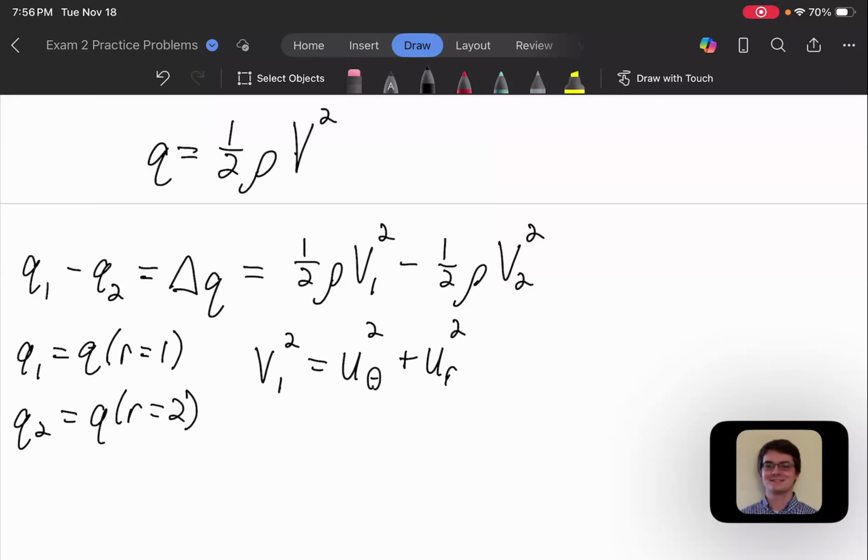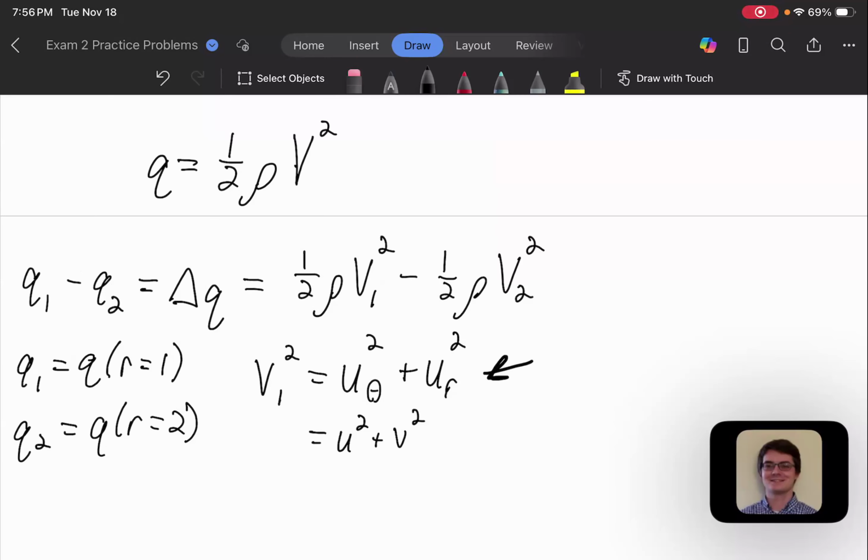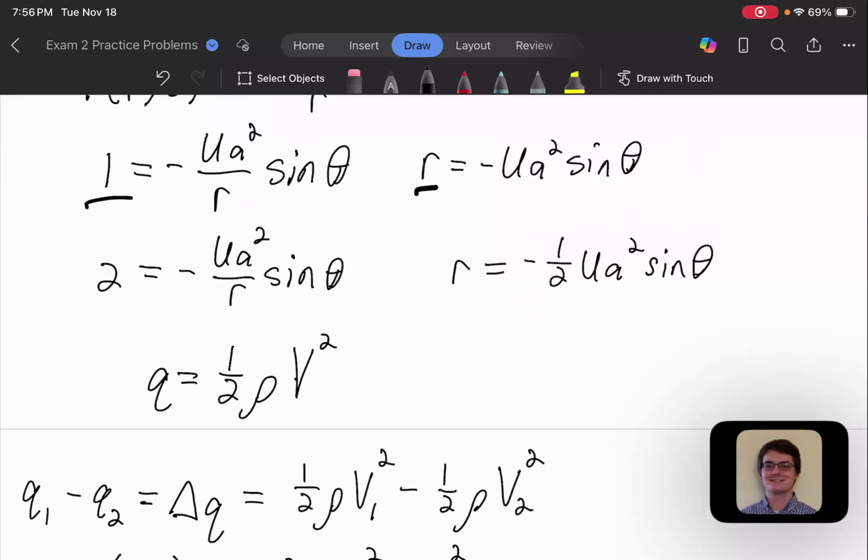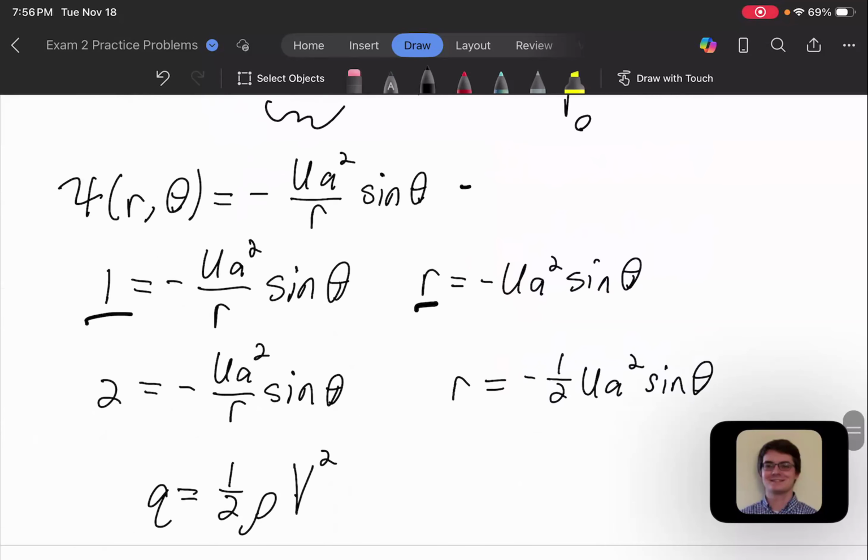In the same way that's true in cylindrical coordinates, it's still the same idea where we have two vectors, and to find the magnitude, you just take the square root of the squares of both. We're working with the square of the velocity, so just eliminate the square root. So we can find the velocity components from the stream function that we have back up here.